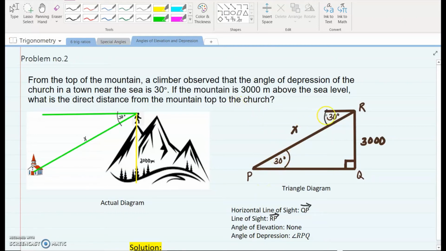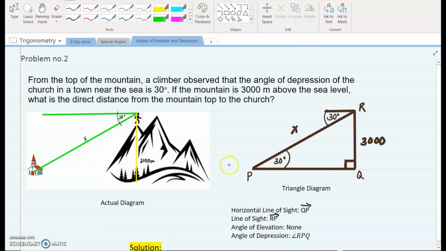Because we know that the observer is on a horizontal line, and this side PQ is parallel to this side, so we can relate this 30 degrees here to here as alternate interior angles, while your line PR, or the line of sight, will become your transversal. So we can rewrite 30 degrees from here going to angle P, which is 30 degrees.